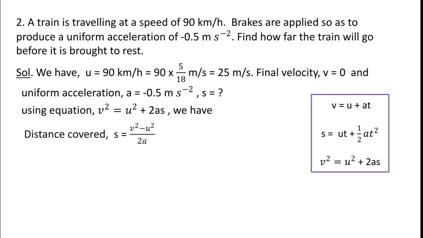Then the distance covered can be rearranged as s = (v square minus u square) upon 2a, which can be written as s = 0 square minus 25 square upon 2 into minus 0.5, because v is 0 and u is 25. So after calculating this value, we have s = 625 meter.